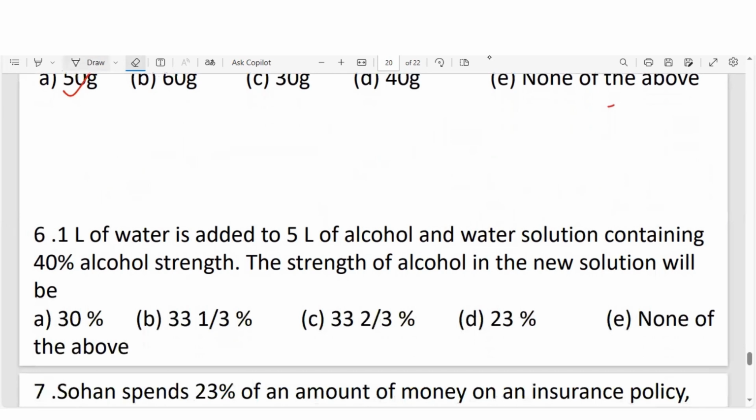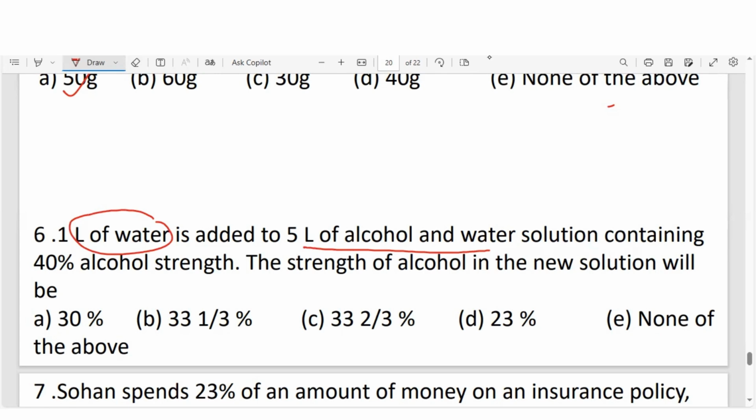Next question: 1 liter of water is added to 5 liter of an alcohol and water solution containing 40% alcohol.